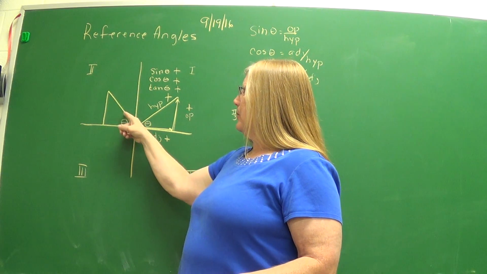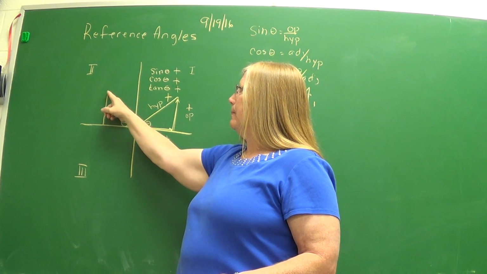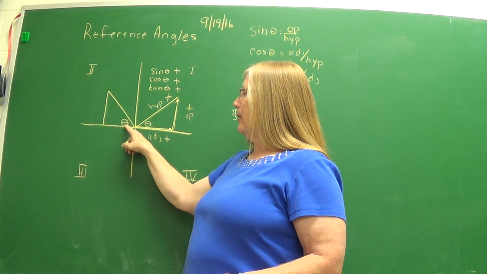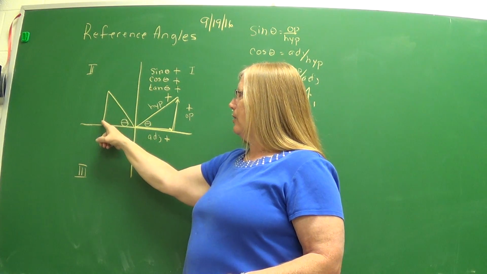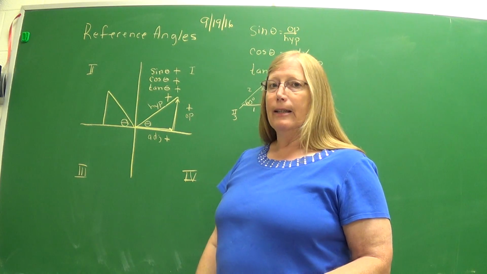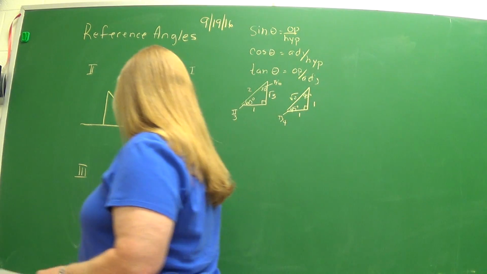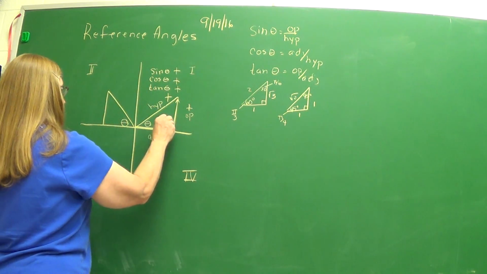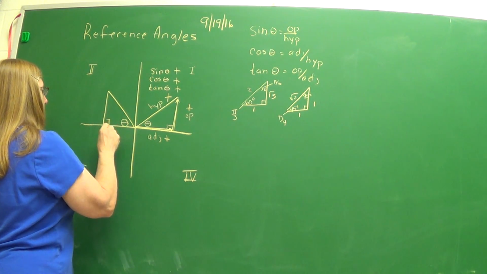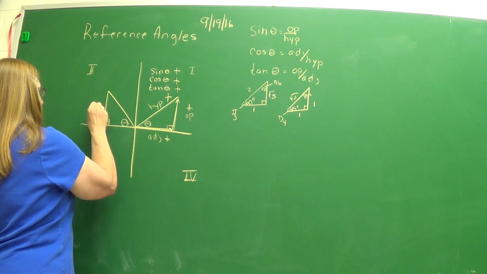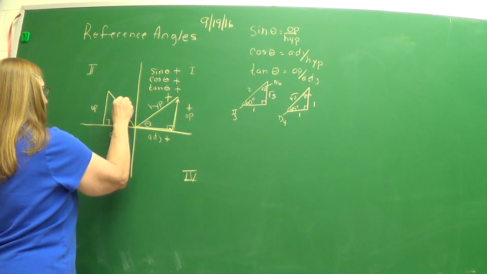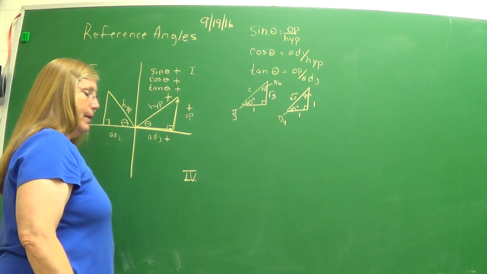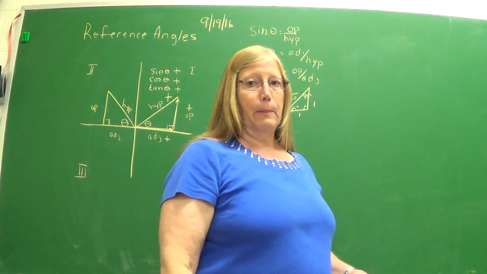The hypotenuse was made coming out of the origin, and side opposite the angle of interest is made by dropping straight down to the x-axis. So let's look at that right triangle, and we will identify side opposite is over here, side adjacent, and hypotenuse.